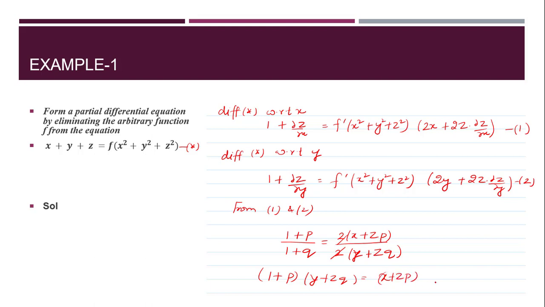So you can leave it right now here, or you can simplify it to get the PDE. But I am leaving it here. I think it's fine. We have eliminated the function f.